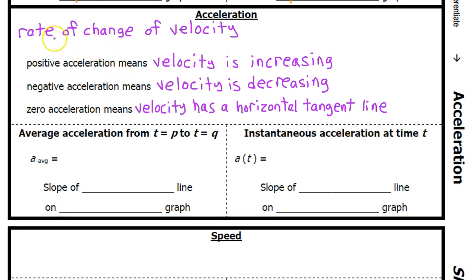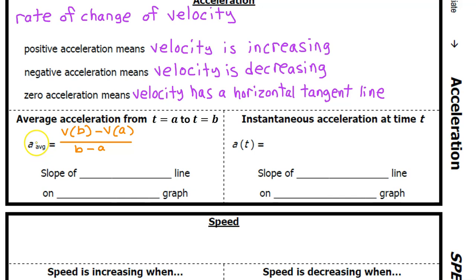Since acceleration is the rate of change of velocity, then average acceleration will be the average rate of change of velocity. That's why the average acceleration from A to B is given by v at B minus v at A over B minus A. Again, this is just your average rate of change formula from AP Pre-Calculus. In this case, the average rate of change of velocity from A to B.